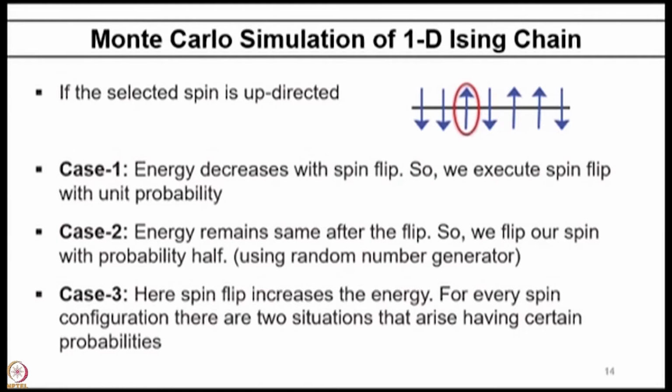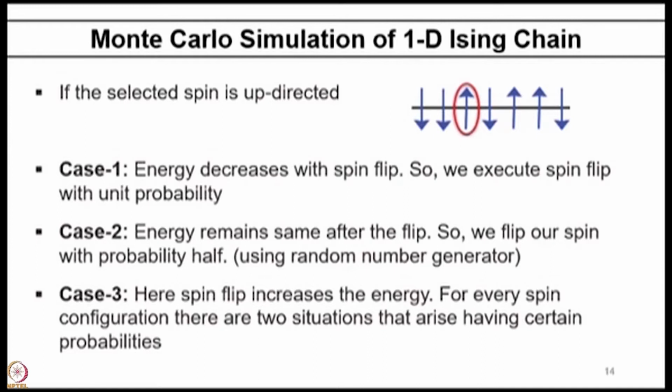However, if it increases, then there are two situations, and it's very interesting. If it increases, then you accept, but you accept with a penalty. By making these choices, you bias the system to low energy configurations. Why?